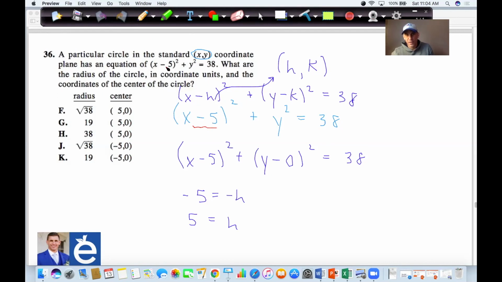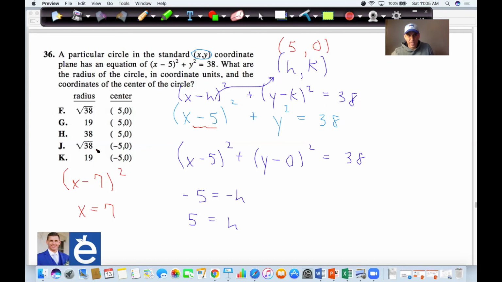If this is like a minus 7 inside of this, then it's almost like solving for a root. You flip the sign of it so that it becomes x equals positive 7. So in this instance, that's how you figure it out. My center here is going to be 5, and my k from my y value is going to be 0. So there's my center.